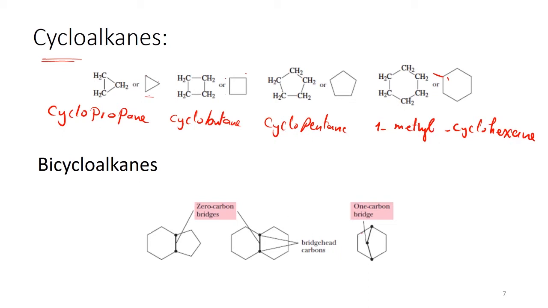For bicyclic alkanes, bicycloalkanes are compounds which have fused rings, and they have this side which both of the rings are sharing. For numbering them, I would number first the largest ring, then I would number the smallest ring.